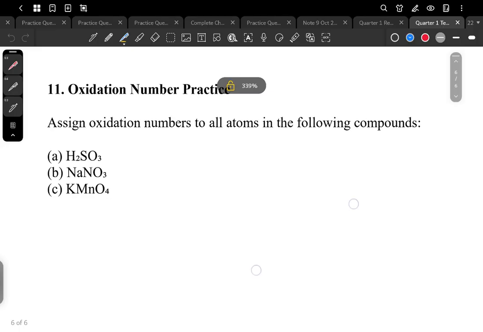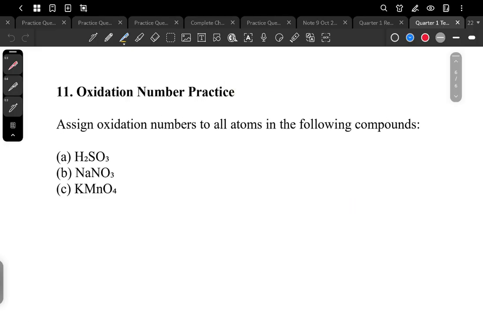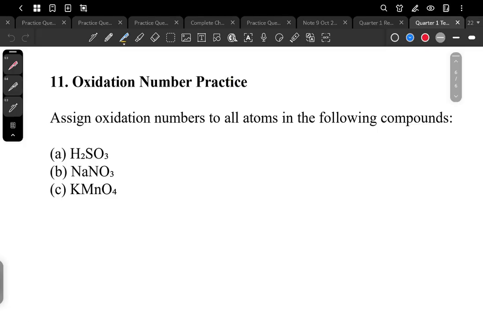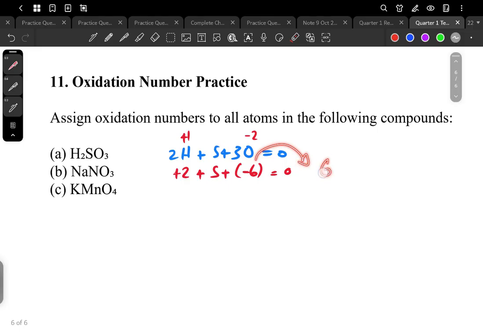Oxidation number practice. Assign oxidation numbers to all atoms in this compound. Okay, let's work this out. This is the last question. H2SO3, so 2H plus S plus 3 oxygen equals 0. We know that hydrogen has a positive 1 value, the oxygen negative 2. So here it's positive 2 plus S plus negative 6 equals 0. Move 6 to the other side, it's going to be positive 6.